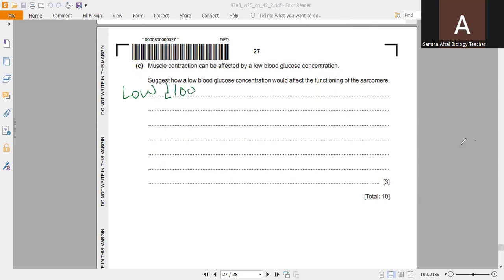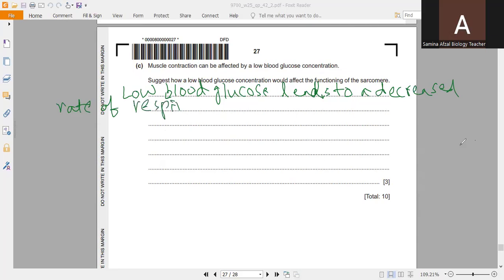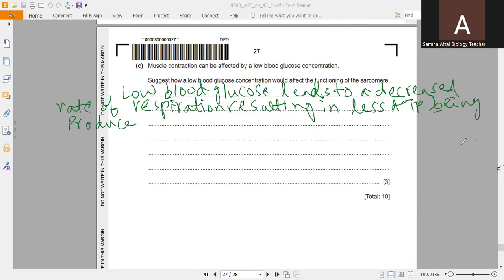Low blood glucose leads to a decreased rate of respiration, resulting in less ATP being produced in the muscle fiber.